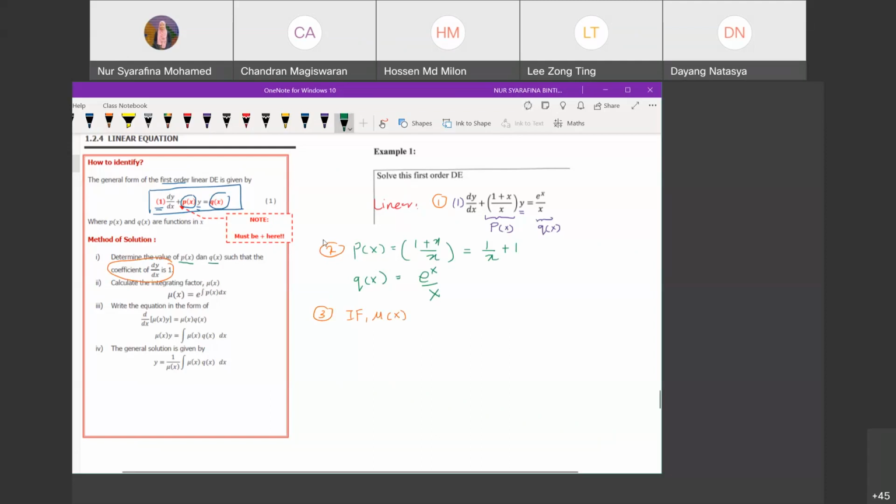So how can you calculate mu(x)? Mu(x) equals to exponent to the power of integrate p(x) with respect to x. Okay, so what is p(x)? So integrate 1 over x plus 1 with respect to x. Okay, what should you get here?